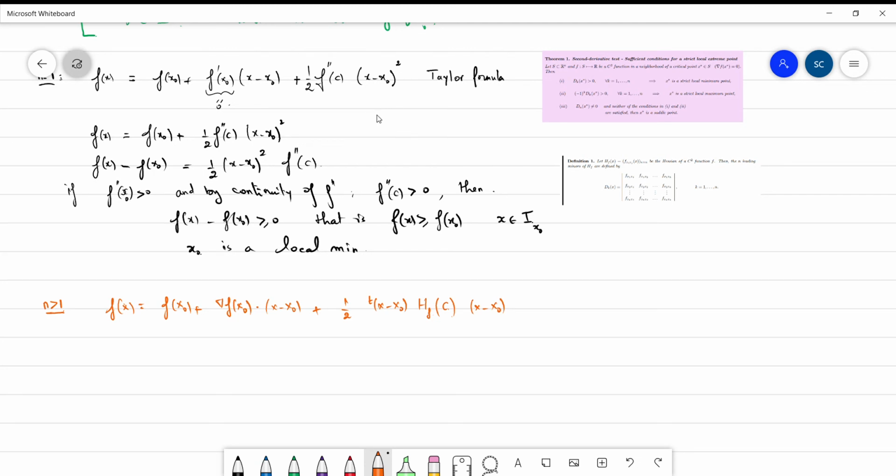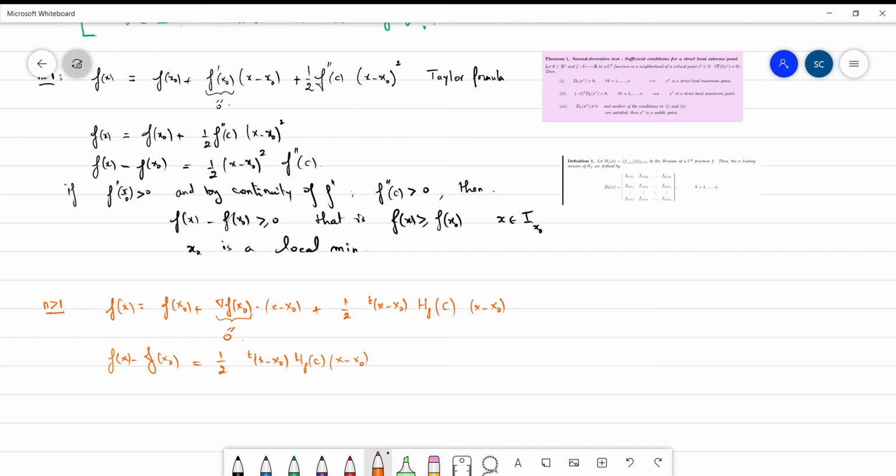You see, if we have this quantity equal to 0, we have a critical point, then the sign of the difference will depend on the sign of this quantity. This time it involves x minus x0, these are vectors, so the operation of a matrix on vectors.